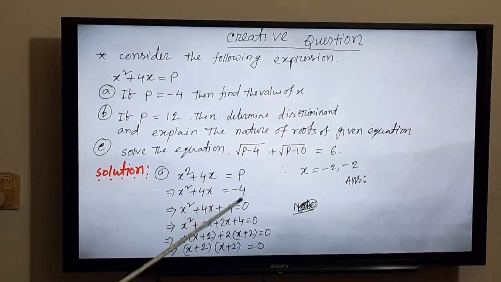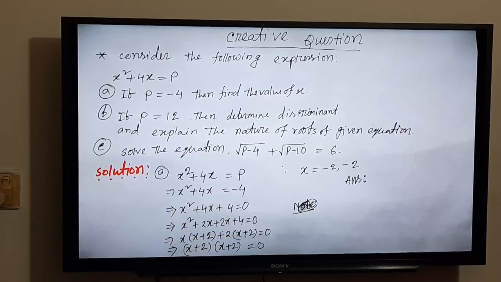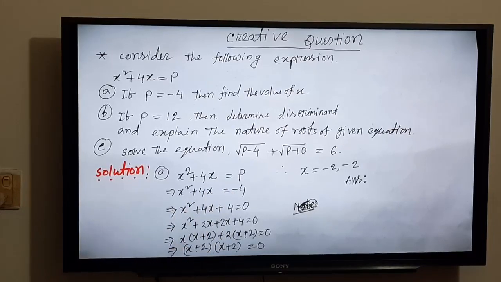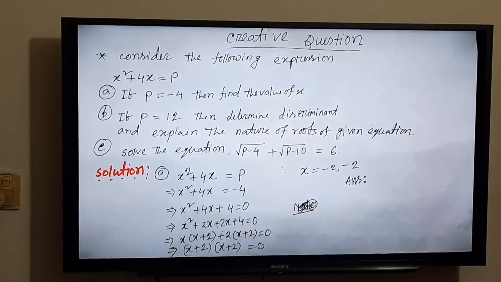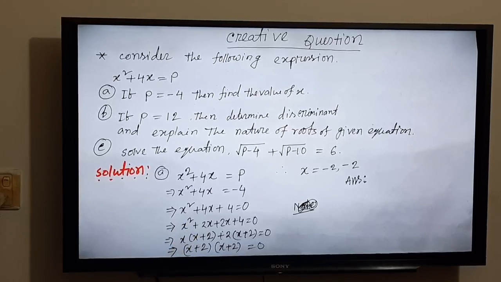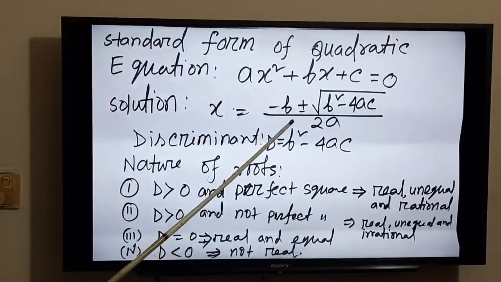If this term is not calculated by the middle term, how can we get the solution? When it is not possible to calculate by the middle term, we can solve this question by this method.